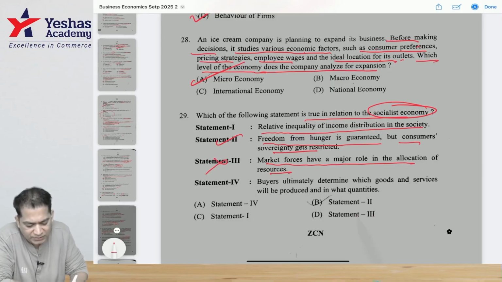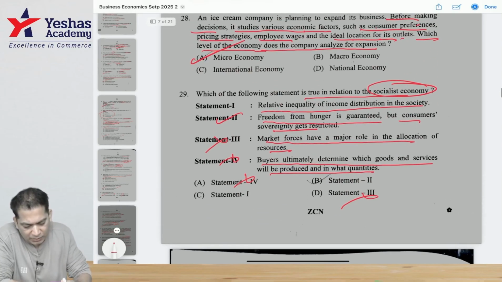So wherever statement 3 is there, it is wrong. Then buyers ultimately determine which goods and services will be produced in what quantities. Again, this is wrong. Wherever option 4 is there, wrong. So the question is now, relative inequality of income distribution in society, or freedom from hunger is guaranteed but consumer sovereignty is restricted. So I'll go with statement 2. So that will be B.